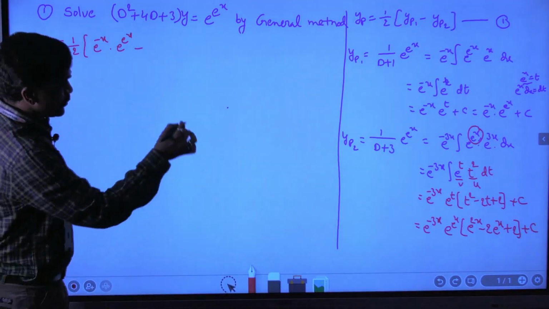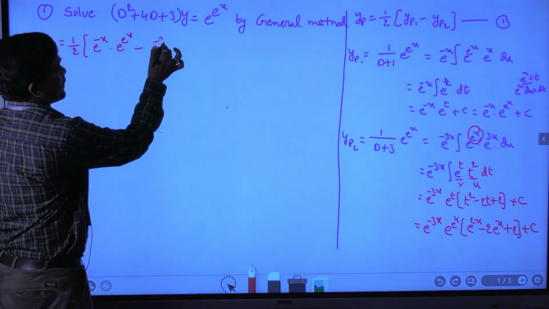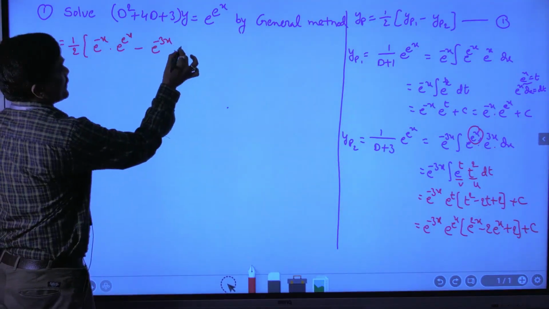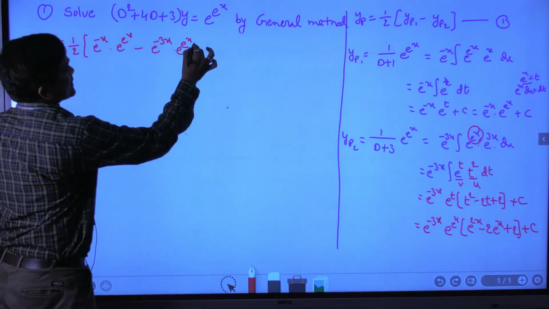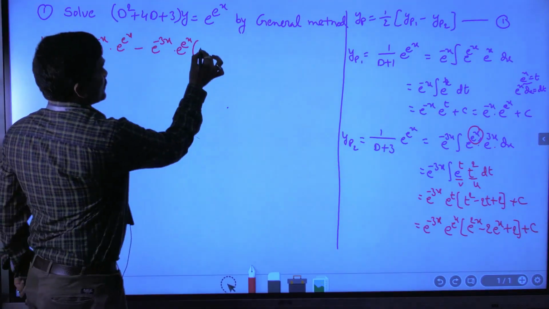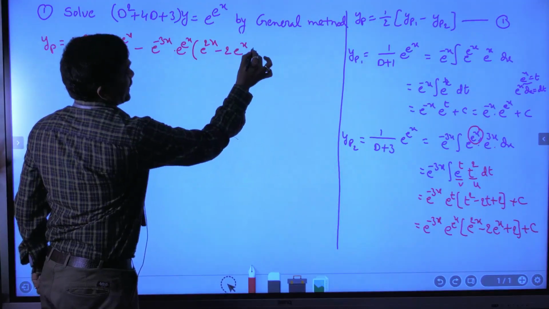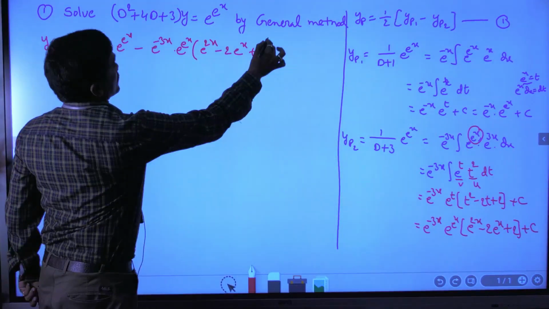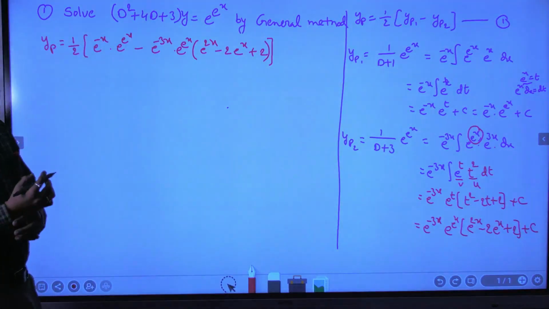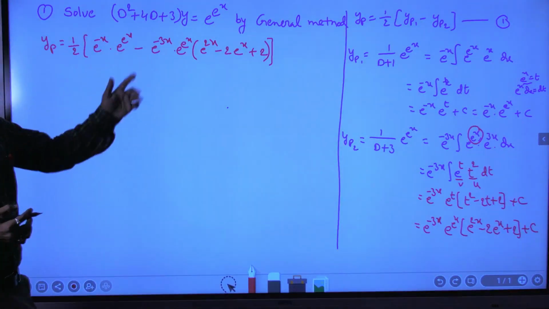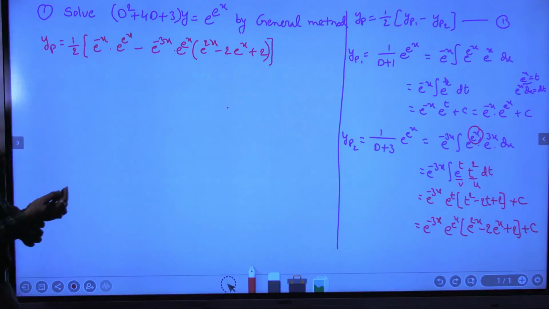What is yp2? yp2 is e^(-3x) e^x into (e^(2x) minus 2e^x plus 2). So yp is equal to 1 by 2 into (yp1 minus yp2).